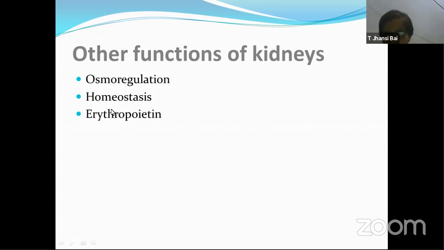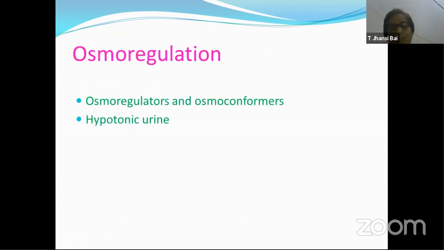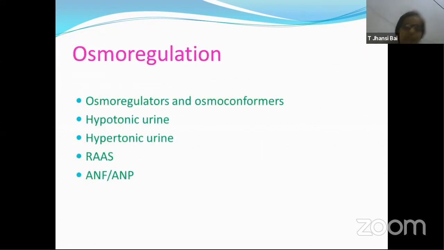So this hormone erythropoietin helps in stimulating the production of RBCs from stem cells in our bone marrow. So erythropoietin helps in the production of RBCs. These are the three other functions, in addition to excretion, done by kidneys. Now let's study in detail one after the other.